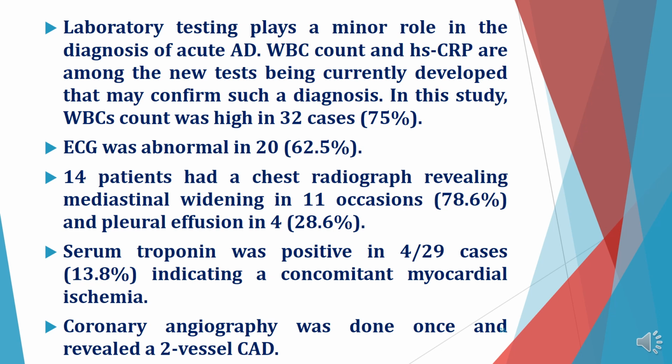Serum troponin was positive in 4 out of 29 cases, that is 13.8%, indicating a concomitant myocardial ischemia. Coronary angiography was done once and revealed a 2-vessel coronary artery disease.